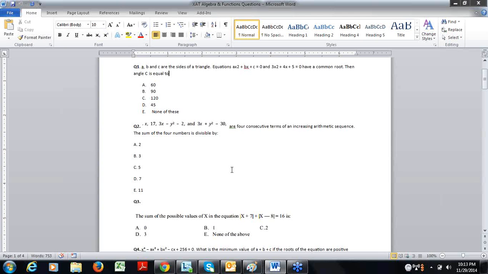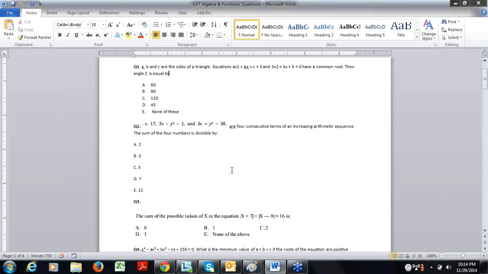Question number 2, what does it state? It states that x, 17, 3x minus y square minus 2 and 3x plus y square minus 30 are 4 consecutive terms of an ascending arithmetic sequence. The sum of the 4 numbers is divisible by what?